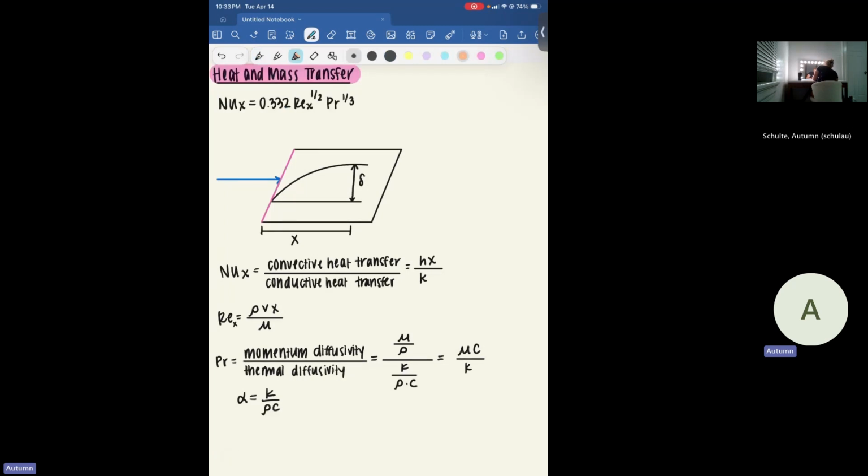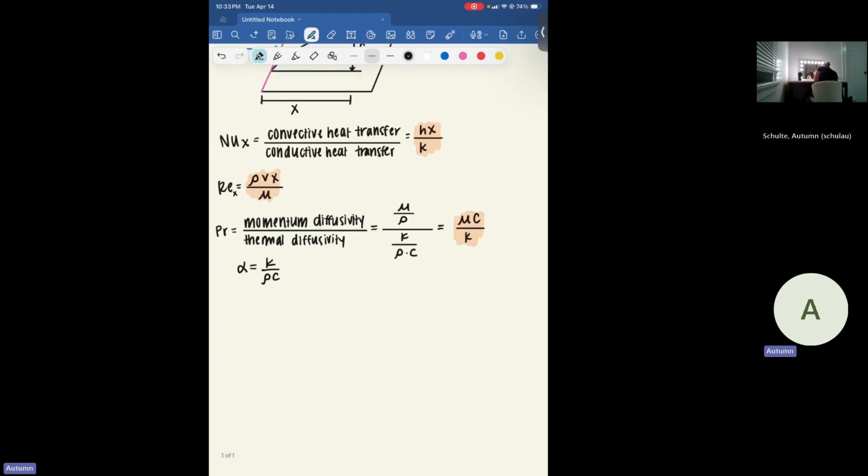So we had our Nusselt number was this Hx over K. Our Reynolds number was this rho Vx over mu. And our Prandtl number is this mu C over K. So we can plug that back into this equation up here.